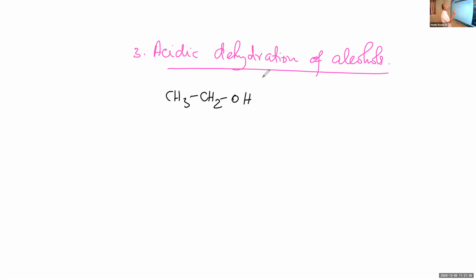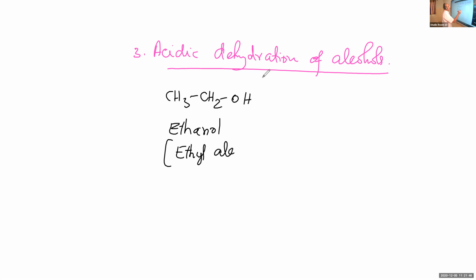This alcohol is ethanol, that is the IUPAC name, and the common name is ethyl alcohol.